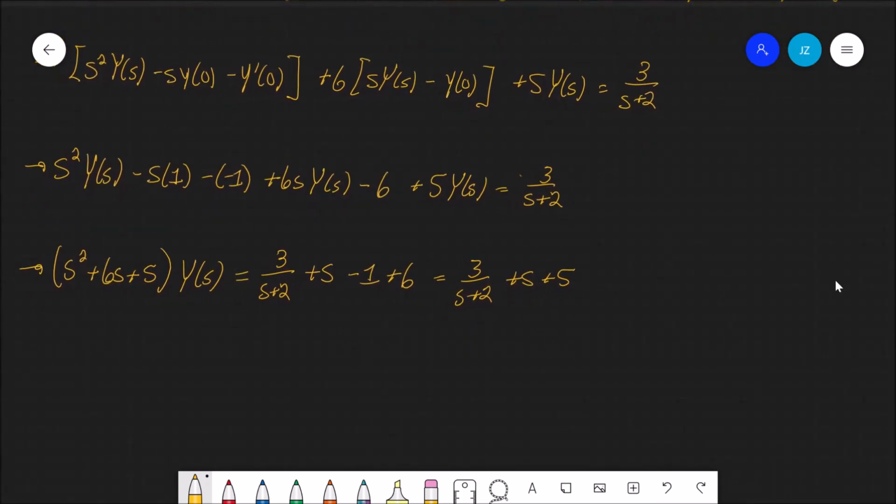Let's go ahead and write that as a single fraction. So we're going to have 3 plus s times s plus 2 plus 5 times s plus 2, all over s plus 2.